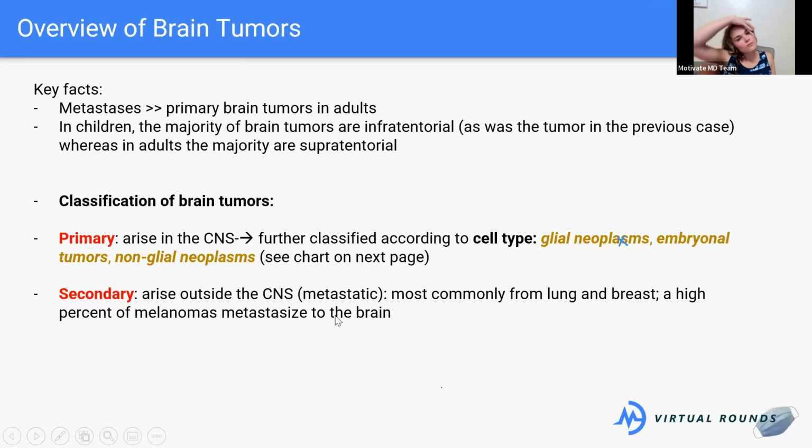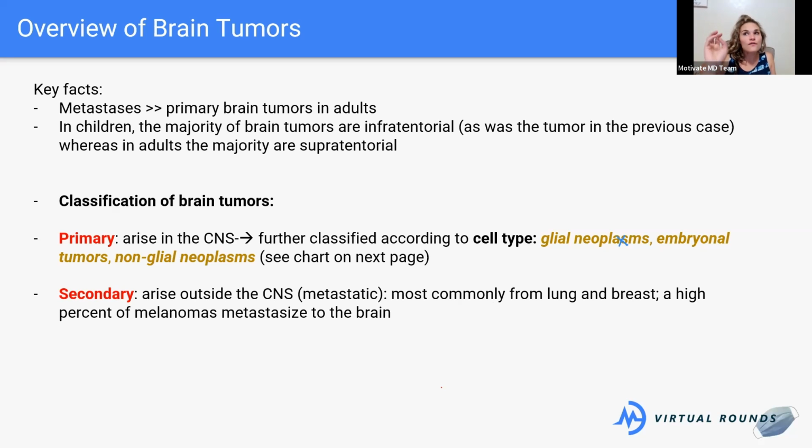Okay, before we get to the second case, I just want to give a general overview of how we classify brain tumors, because I think they can be very overwhelming to try to understand. Having a good general classification of them is important. Overall, brain tumors are either primary or secondary. What does this mean? Primary tumors arise within the CNS themselves.